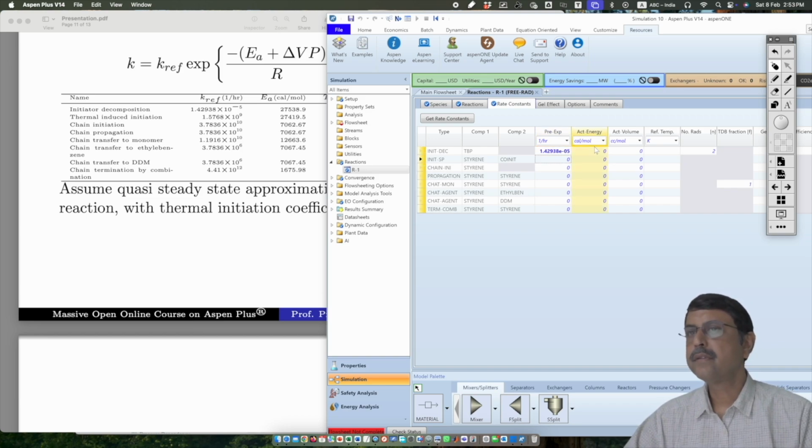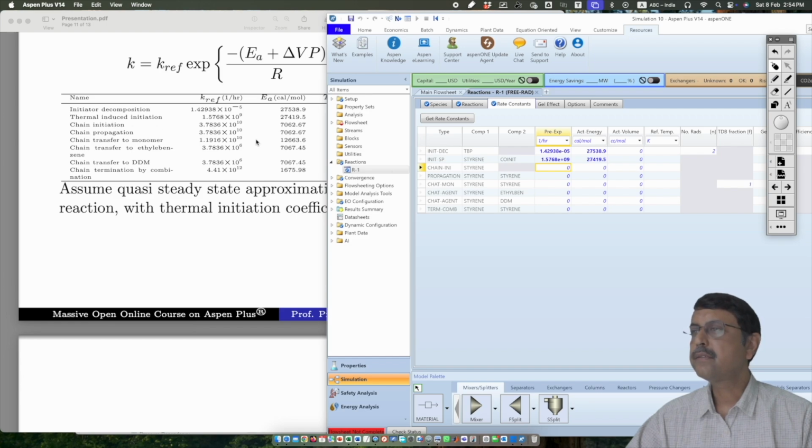Here it is 27538.9. Here it is 1.5768 into 10 to the power 9. Here it is 27419.5.